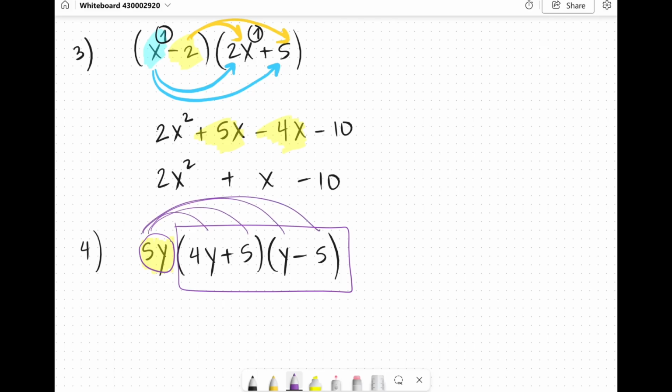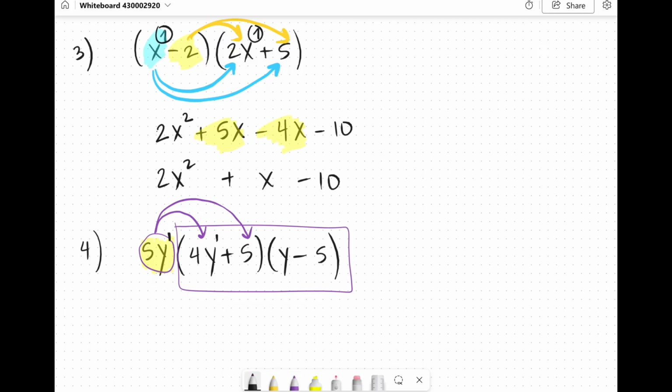You will not be doing this. Do not do this. Instead, I want you to take that 5y and multiply it only by the first binomial. So distribute it inside of the first binomial only.